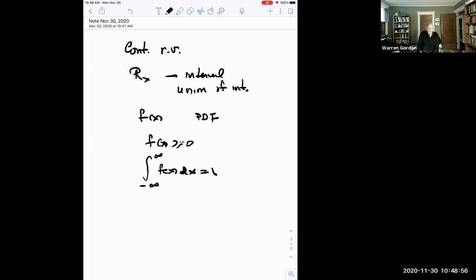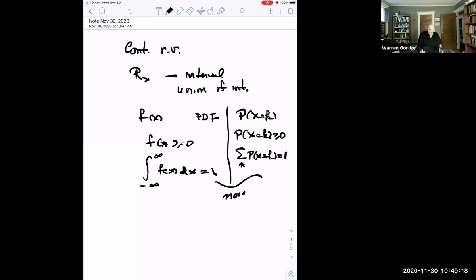That's an important idea. Remember, when we talked about a discrete random variable, we had a probability mass function. All the probabilities, of course, were greater than or equal to 0, and the sum of the probabilities equals 1. These are called the normalization criteria.